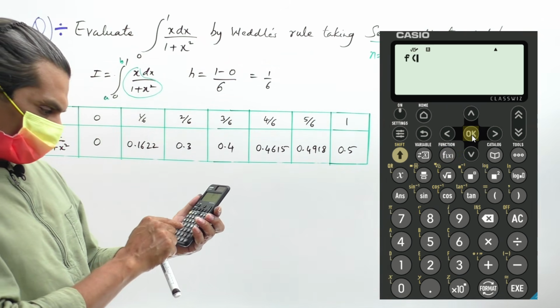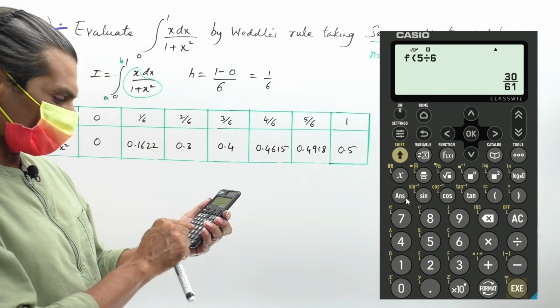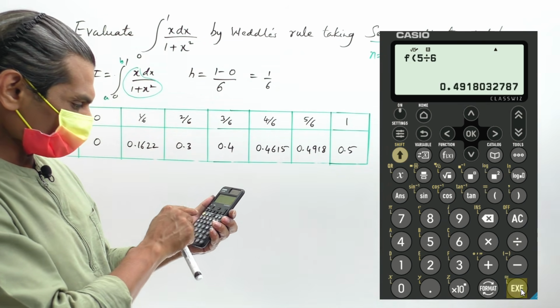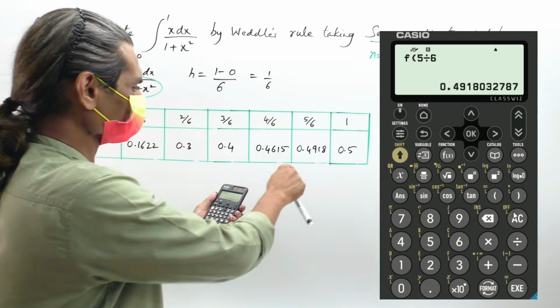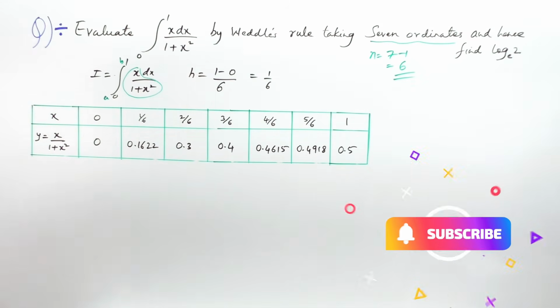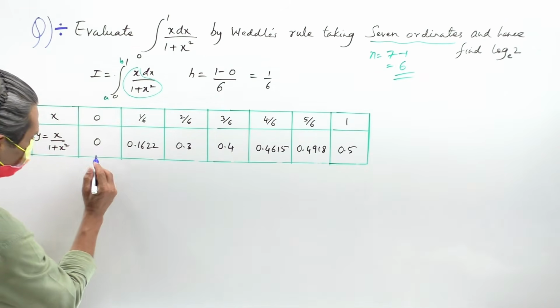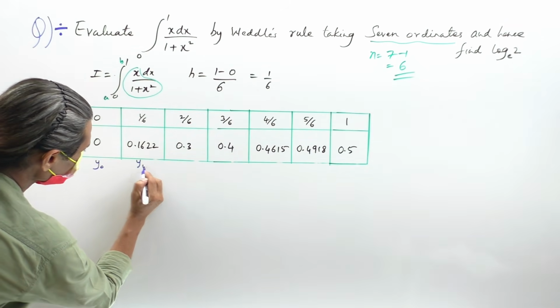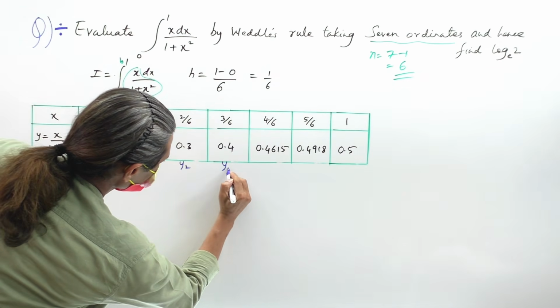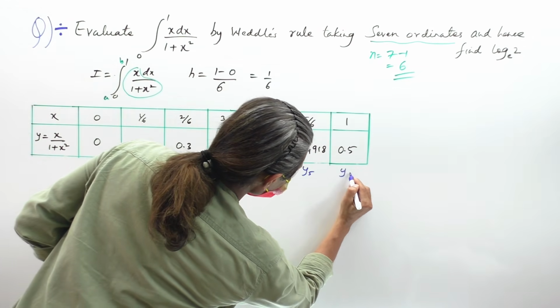Then lastly the function f of 5 divided by 6 equals 30/61, then again shift execute, 0.4918. Perfect. That's how we find the values here. So we found all the values here. These are the values for Y0, Y1, Y2, Y3, Y4, Y5 and Y6.